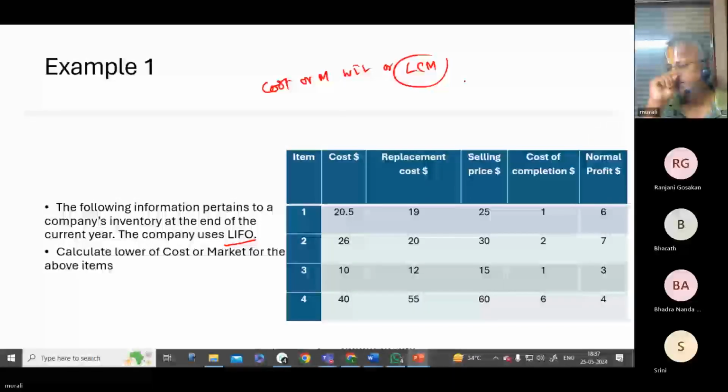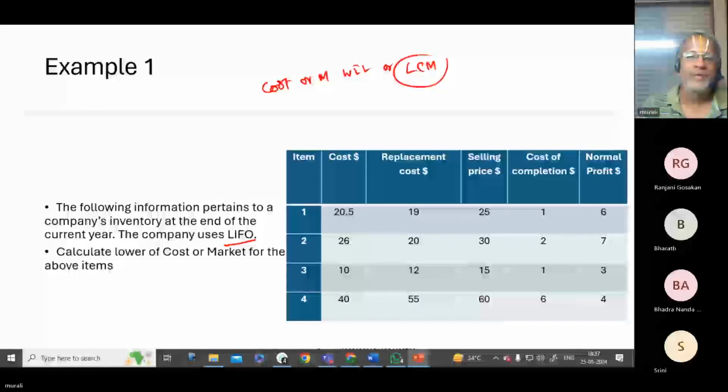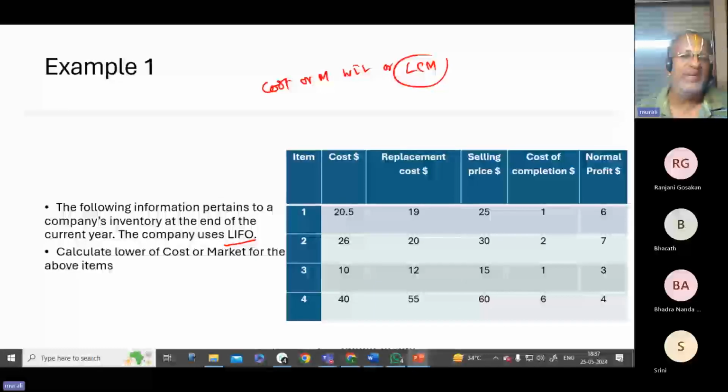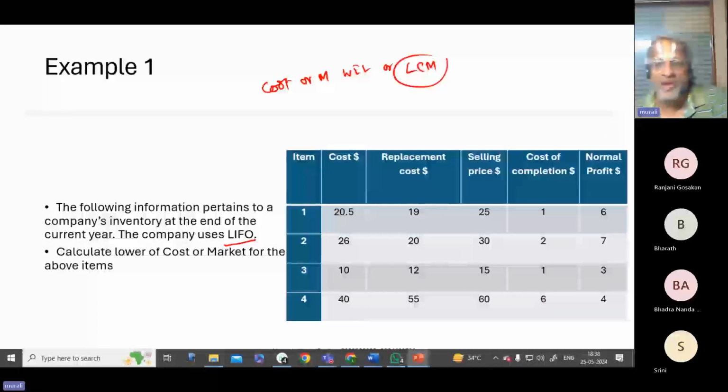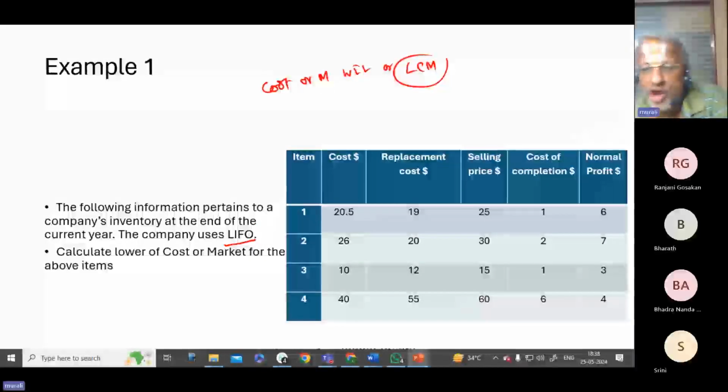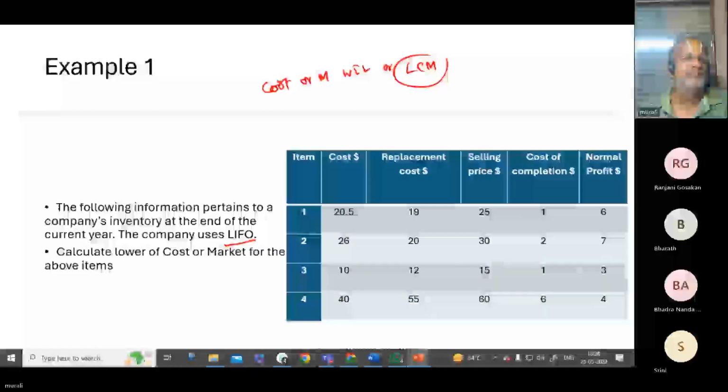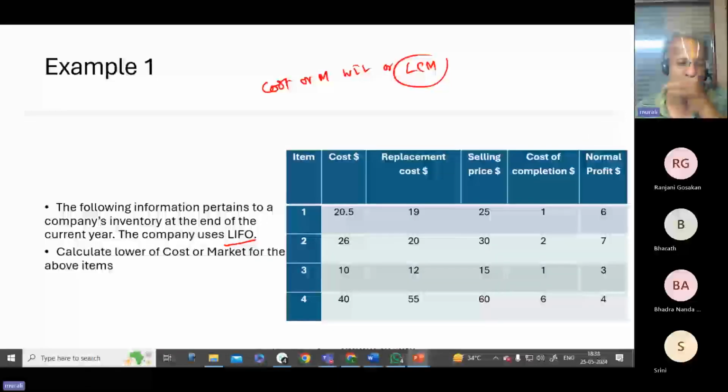Correct. Now, for the first item, cost is 20.5, replacement cost is 19, selling price is 25, cost of completion is $1, normal profit is 6. I would like you to tell me what the answer should be for the first one.